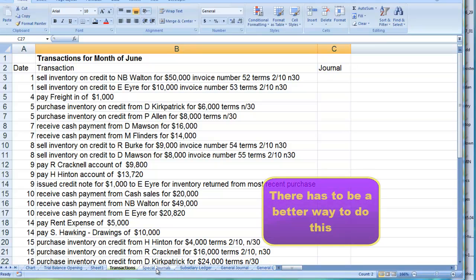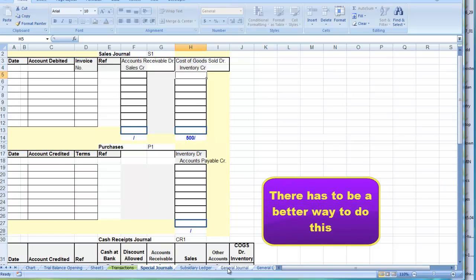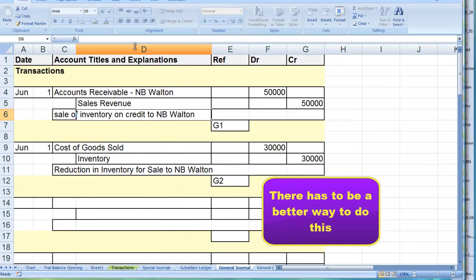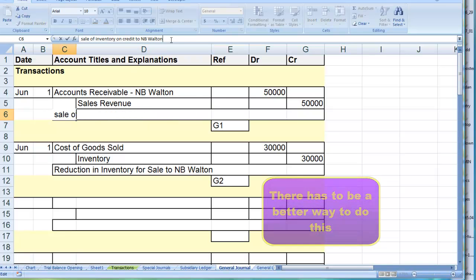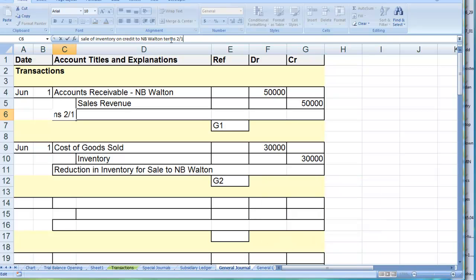So let's do that. Invoice 52. So terms 2/10 net 30, invoice number 52.